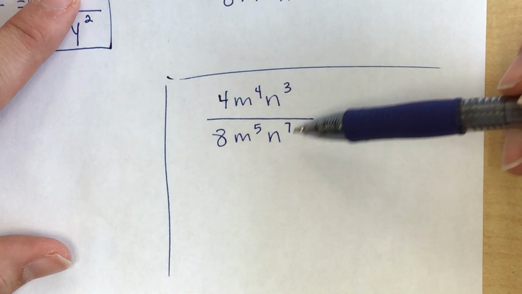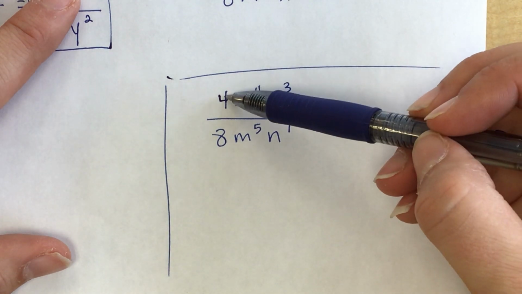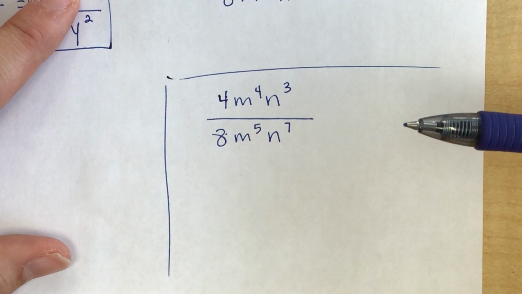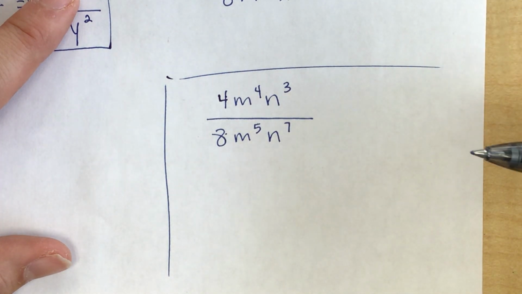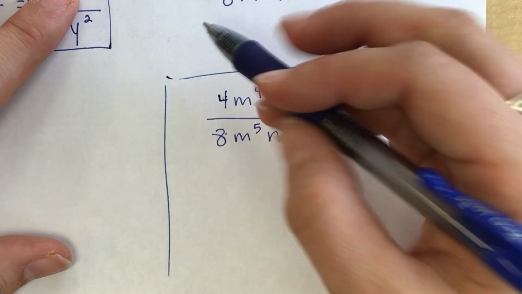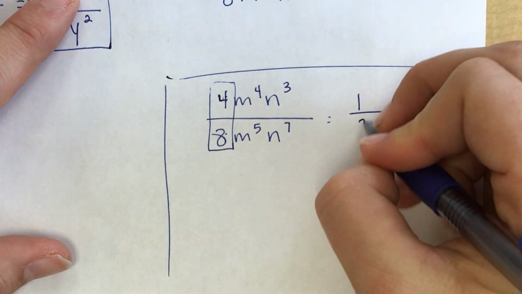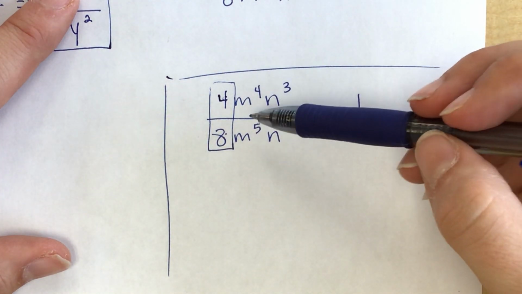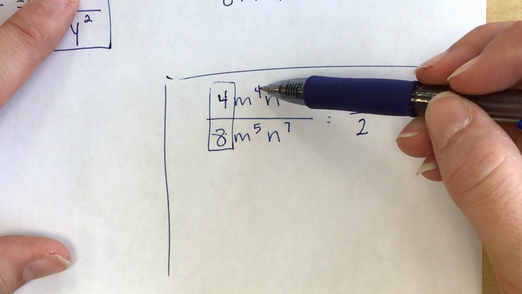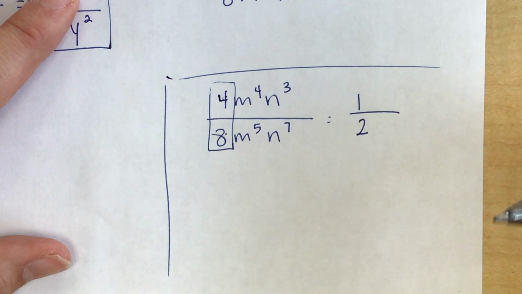Okay, so if we had this, and this is what we're simplifying. So 4 divided by 8, that's not 2, right? The bigger number would have to come first if it was 2. This is going to simplify. Think of this as just its own fraction. That simplifies to 1/2.